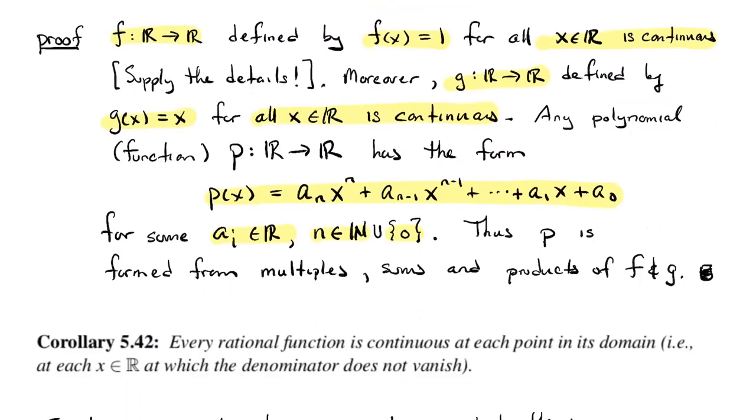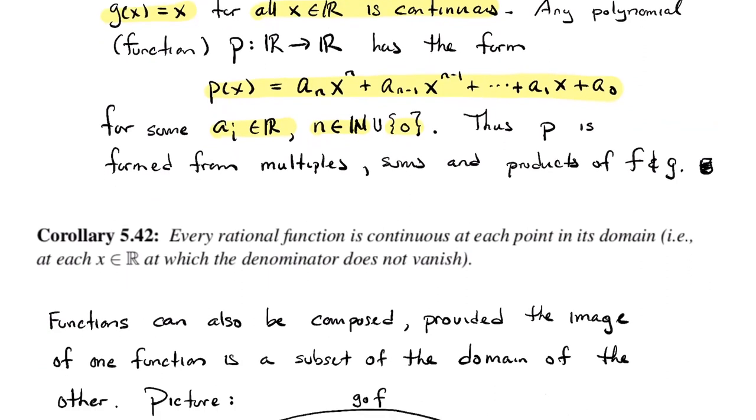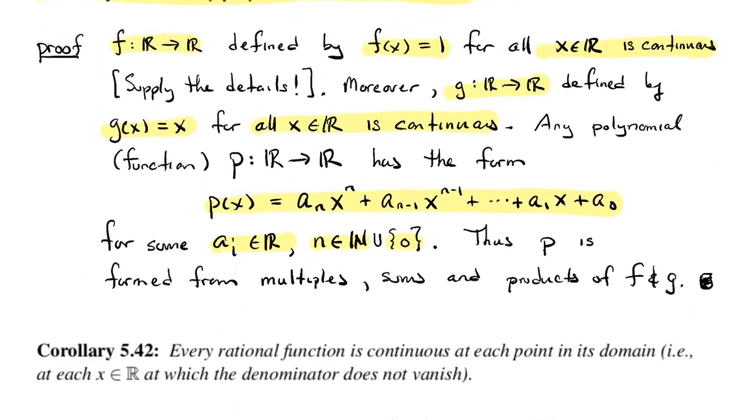Nice. Along the same lines, I'll leave the details to you, but every rational function, what's a rational function? A rational function is just a ratio of polynomials. So they're going to be continuous, but because we have a denominator here, we have the caveat: they're continuous where the denominator is not 0. The author is using a common term, where the denominator does not vanish, i.e. does not equal 0.